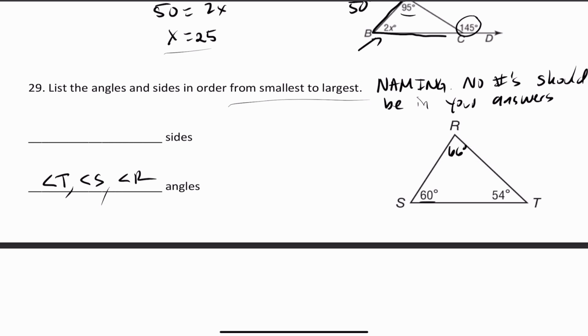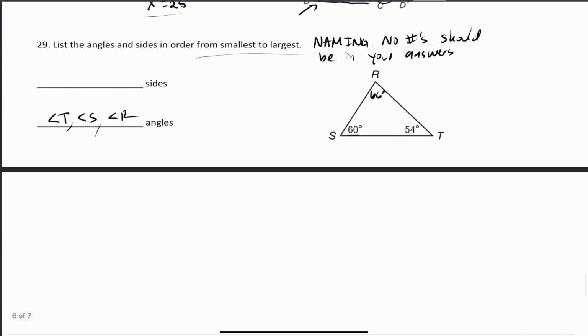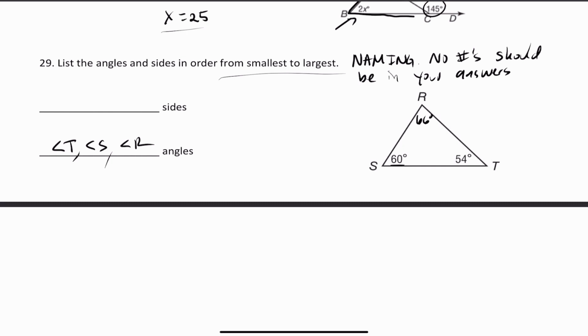And now, like I said, the bigger the angle, then the side opposite to that angle is also going to be big. Keep that in mind, because now we're going to go ahead and determine the sides from smallest to largest. So here is angle T, which is 54, and it's associated to segment RS. So segment RS is the smallest side.